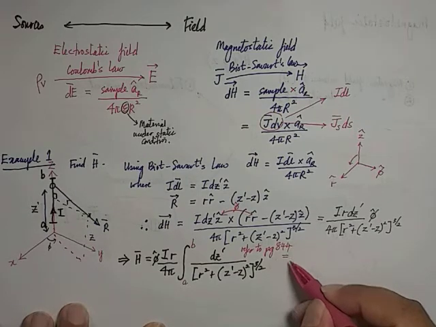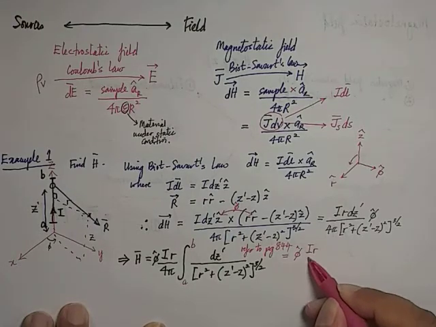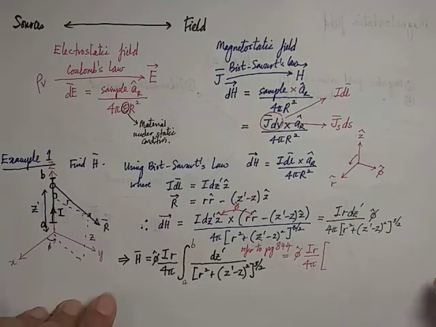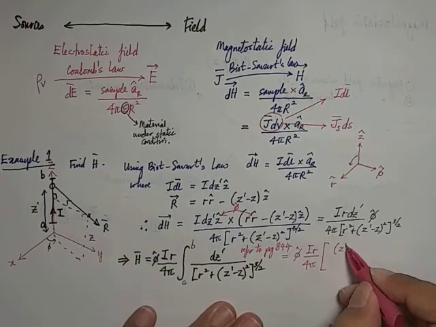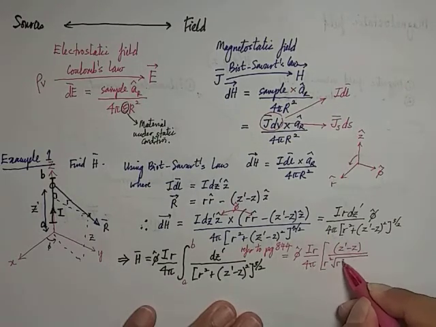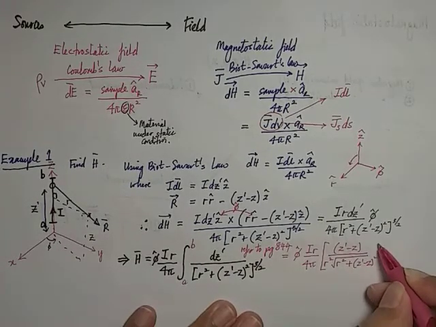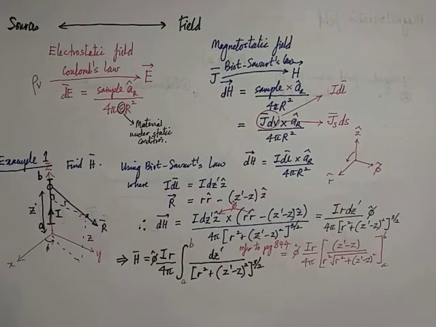So H is going to be equal to phi I R over 4 pi. I'm going to show the output of that table. It's going to be z prime minus z, divided by r square, times the square root of r square plus z prime minus z square, from A to B. That should be from the table.